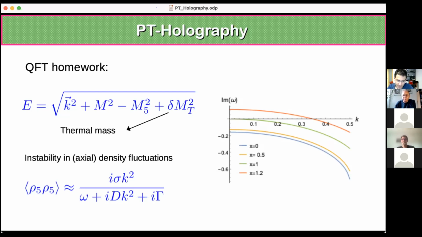More questions, comments? Can I make a short comment? Yeah. It goes back to the issue of the equivalence of PT-symmetric theories and Hermitian theories. To establish the equivalence, there is no unitary mapping between those two theories.